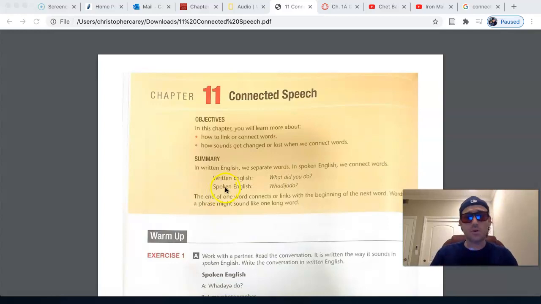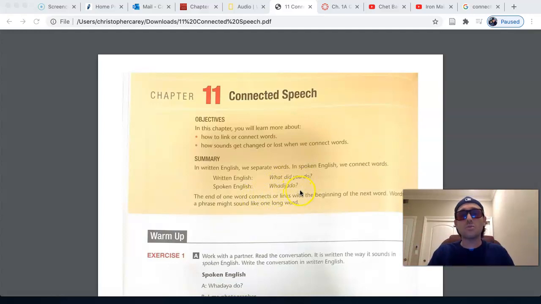So an example in written English would be, what did you do? But in spoken English, that doesn't really create a lot of rhythm. What did you do? It's very convoluted when you try to speak English the way that we write it. So we put our words together in spoken English.